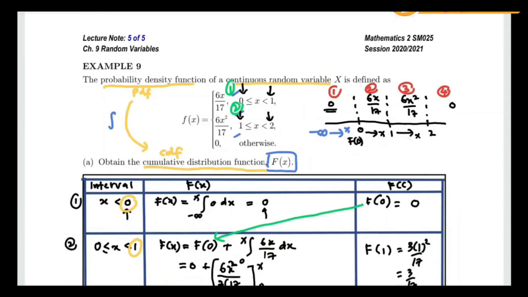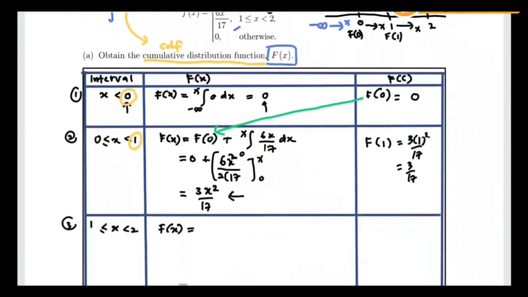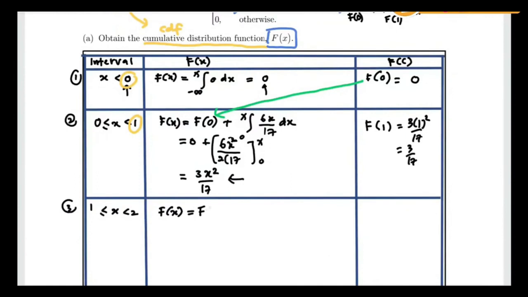The accumulation up to 1 is referring to F of 1. So we write F of x equals F of 1 plus the integral from 1 until x of the function 6x over 17 dx.